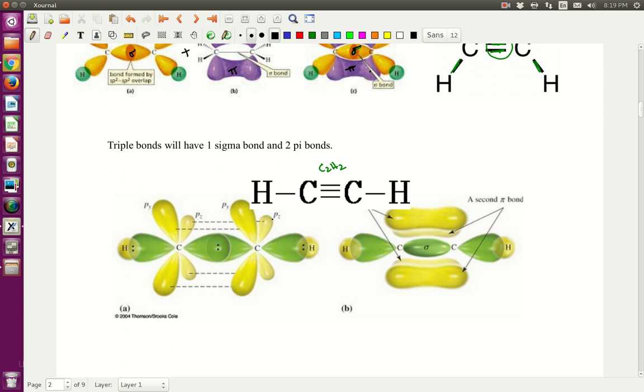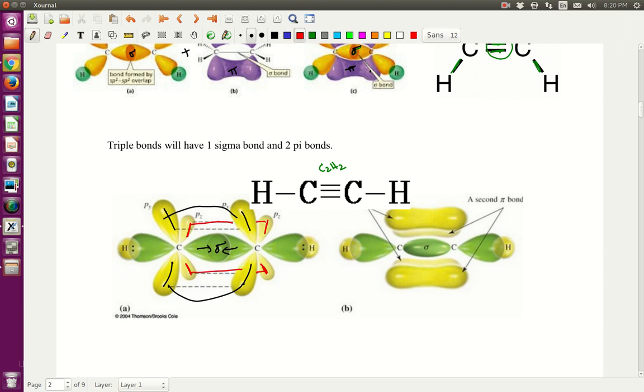Well, how does that happen? We have a sigma bond right in the middle, and we have a head-on between the p orbitals. We have a pi bond between this p orbital and the p orbital of the other atom. So these guys overlap. And then we have another pi bond between this p orbital and the back of the two atoms.